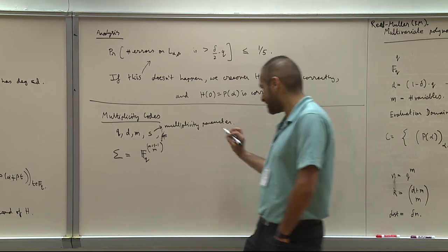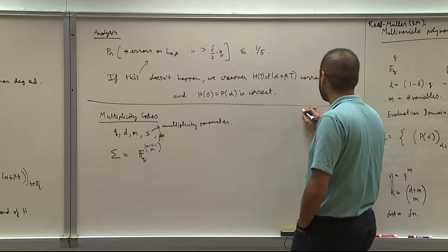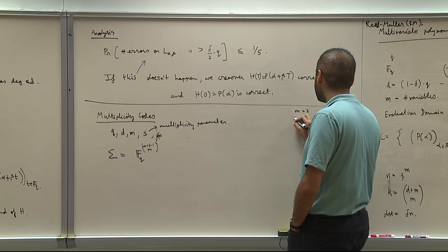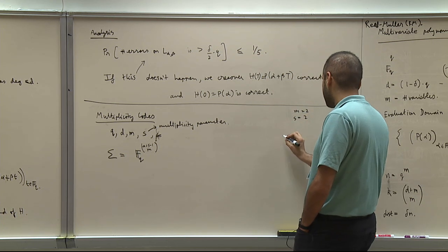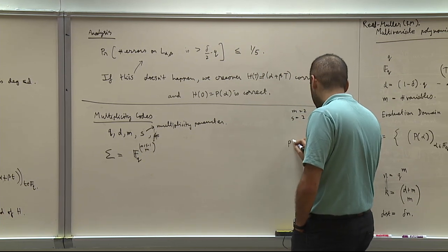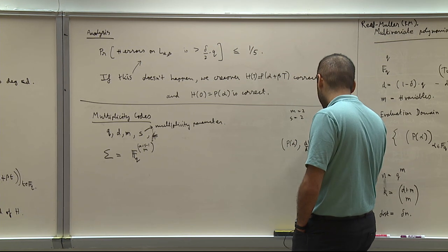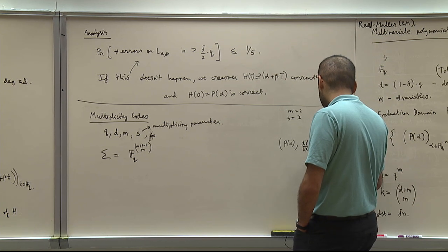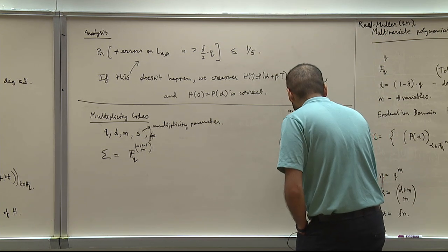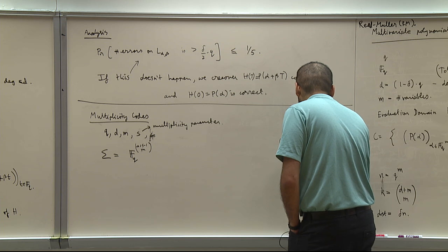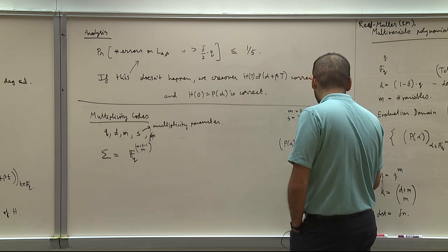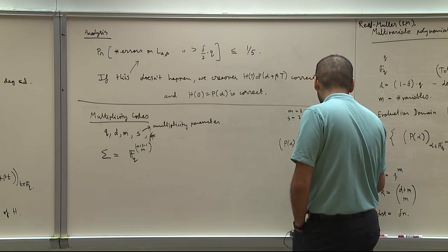For example, let's just fix S equal to 2. We're in 2 variables, M equals 2, S we will choose to be 2, and instead of evaluating P of alpha only, we will write P of alpha, the partial of P over x1 at alpha, and the partial of P over x2.